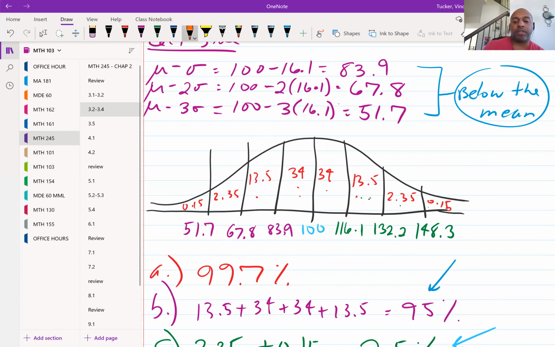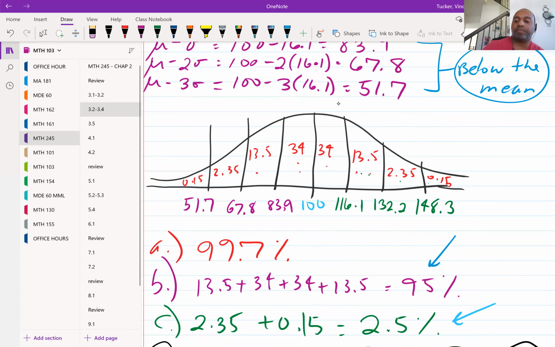And then that last one asks us about the percentage of students you expect to score greater than or above 132.2. So 132.2 is right here. You add the percentages that are to the right of 132.2 because it says above 132.2. That's why you have 2.35 plus 0.15, which gives you 2.5%.